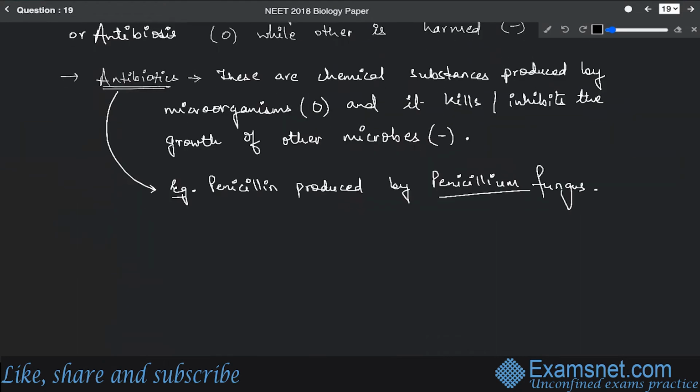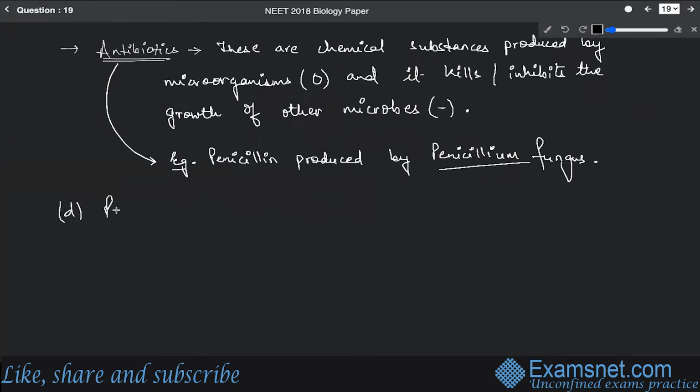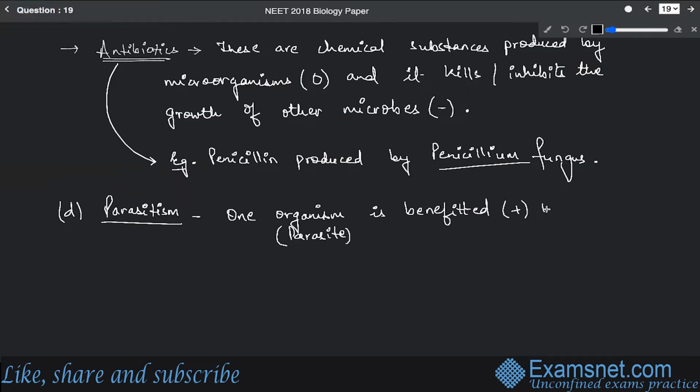with regard to the antibodies. And regarding parasitism, the last option which is left, it is an interaction in which one organism is benefited, that means the parasite is benefited, while the host is harmed, that means the host is negatively affected.